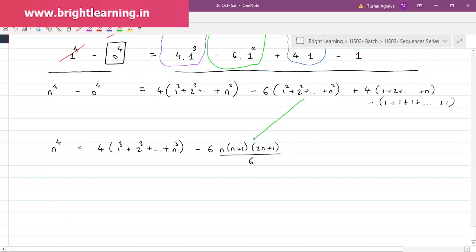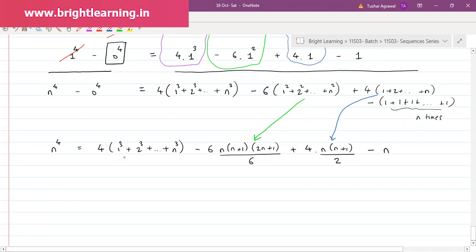After that, the blue one, plus 4 as it is, 4 multiplied by 1 plus 2 plus up to n. What is the formula? n into n plus 1 upon 2. Yes, sir. And then lastly, subtraction 1 plus 1 plus 1 plus 1. How many times is it there? n times. So this is minus n.